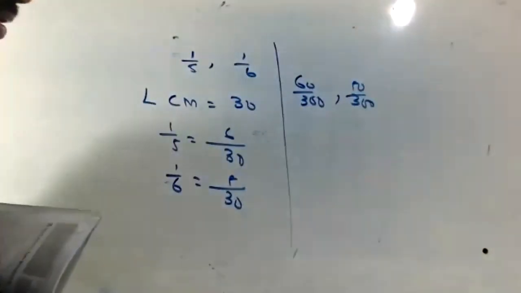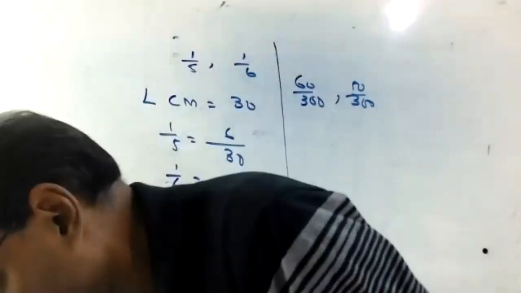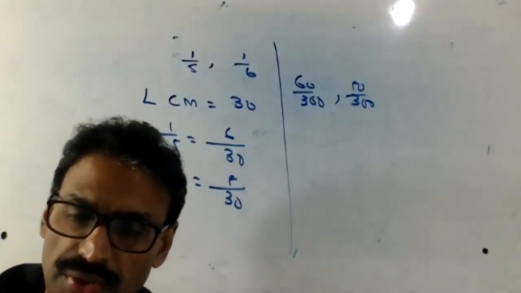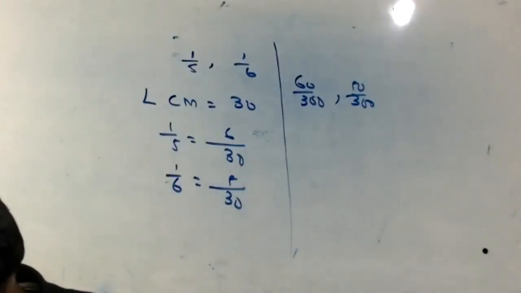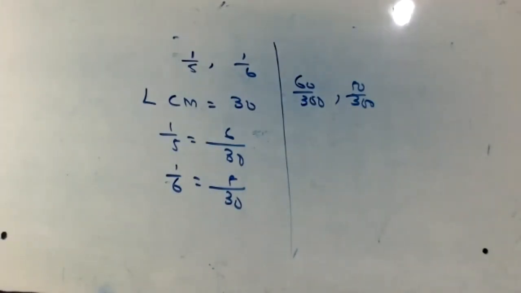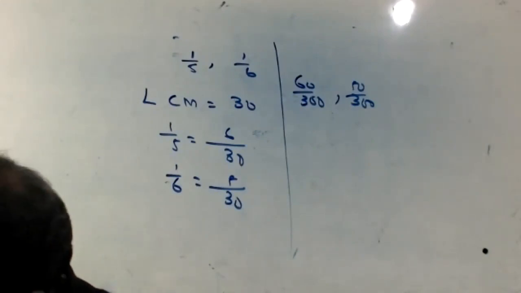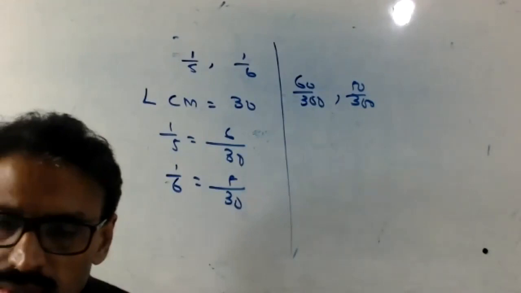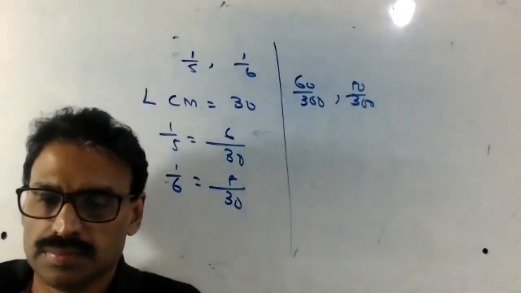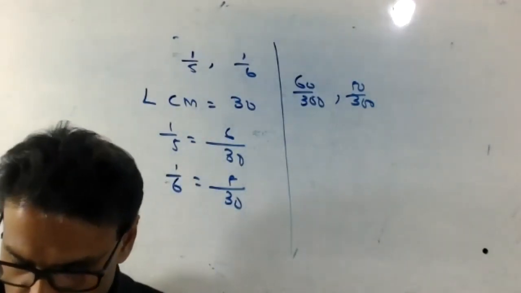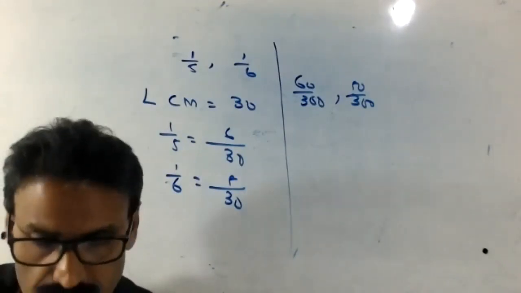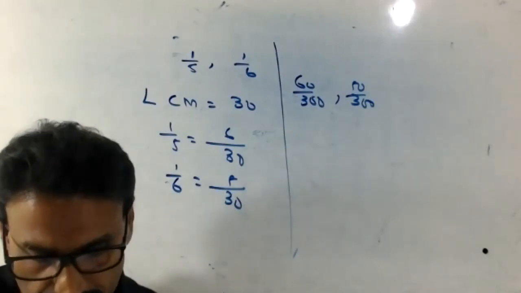So the numbers are 51 by 300, 52 by 300. Like that you can write. Are you okay now?